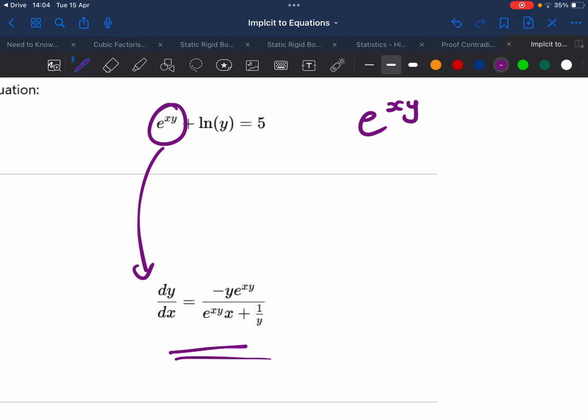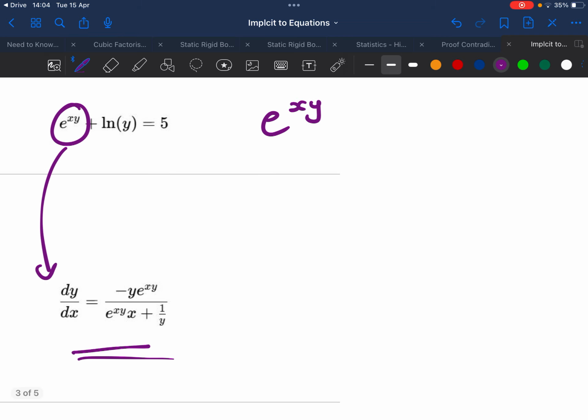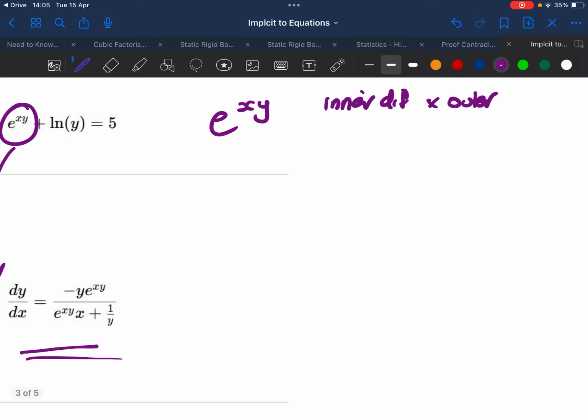So e to the xy, let's think about how to do this. So let's do the inner differentiated, okay, times the outer, because the inner part is the hard part. Well, xy, you might remember from the video a minute ago, if you do keep differentiate plus differentiate keep, you will get x dy/dx. That will be the keep differentiate part.